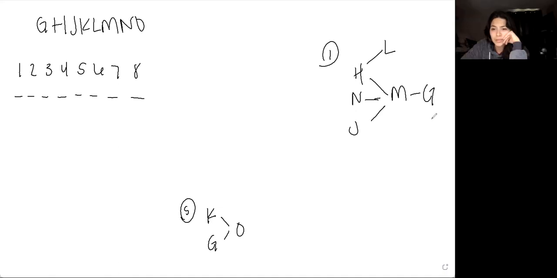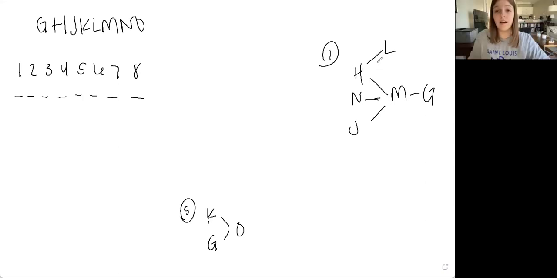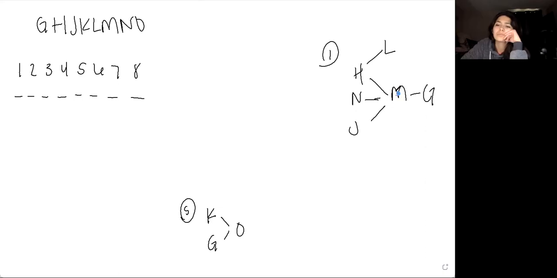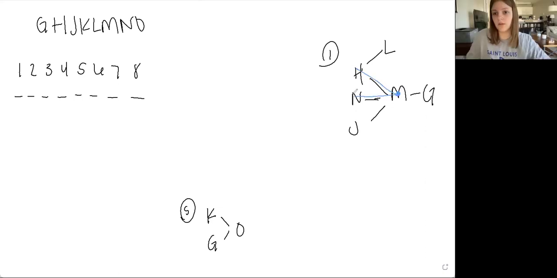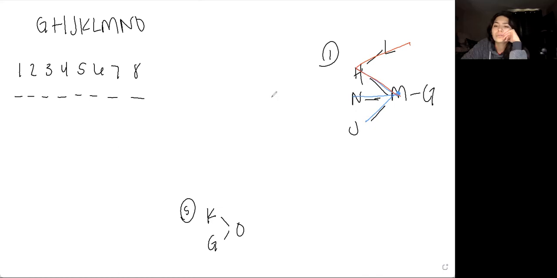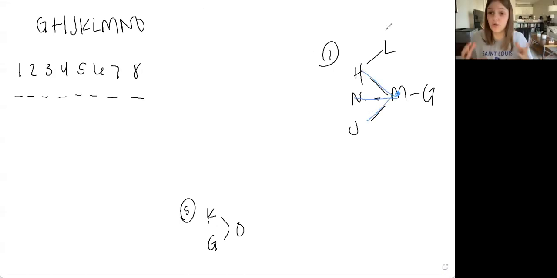So H, N, and J. Not L, because if M is our starting point, we can go this route, this route, or this route. What we cannot do is go boom, boom, then go a different direction. We have to go one direction. Okay. So only H, N, and J are before M. We don't care necessarily about the order of those, but we know that we have to have 3, right? So it makes it a lot easier to figure out that M can't go in 3; the earliest it can go is 4 now.